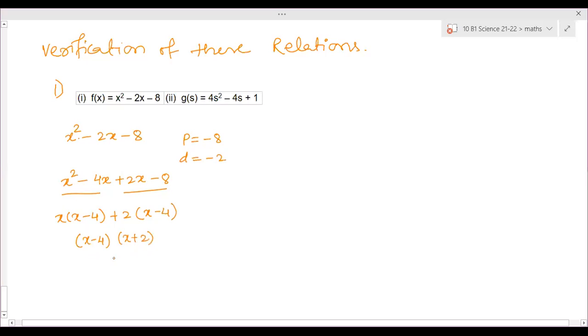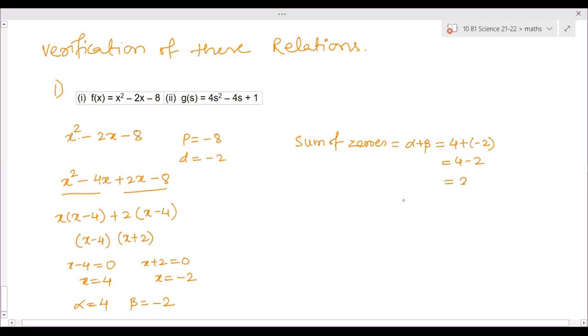Now to find the zeros, we equate both of them to 0 separately. x minus 4 is equal to 0, then x is equal to 4. x plus 2 is equal to 0, so the value of x is minus 2. So alpha we got as 4 and beta is minus 2. Now find the relation. Sum of the zeros is alpha plus beta, that is 4 plus minus 2, which is 2.